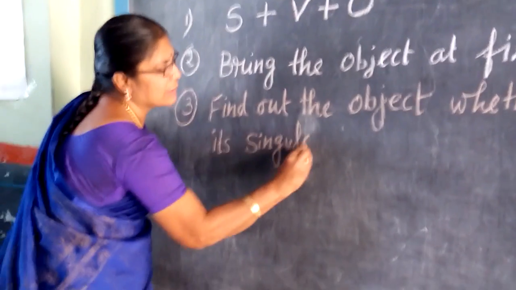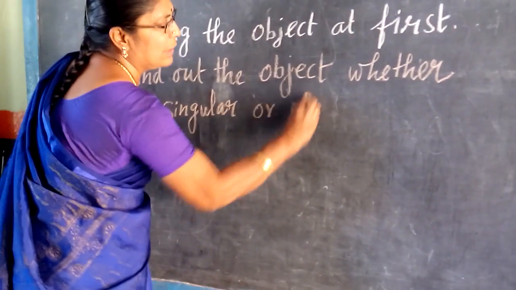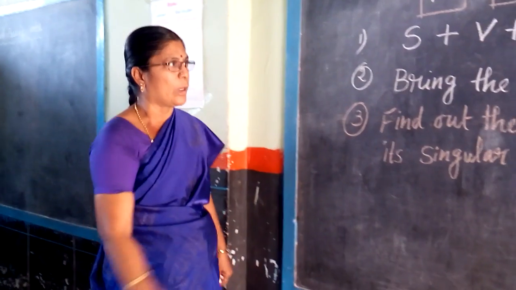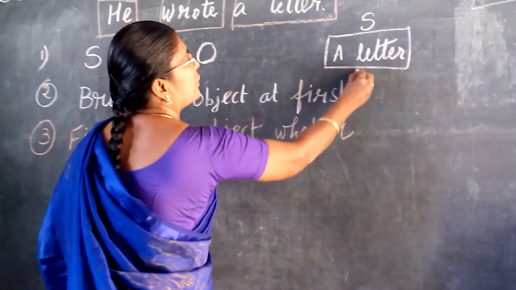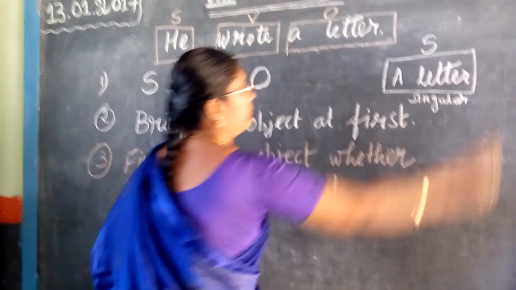What is singular in Tamil? Orumai. What is plural in Tamil? Pannai. So here it is a letter. A letter, no doubt, is singular.